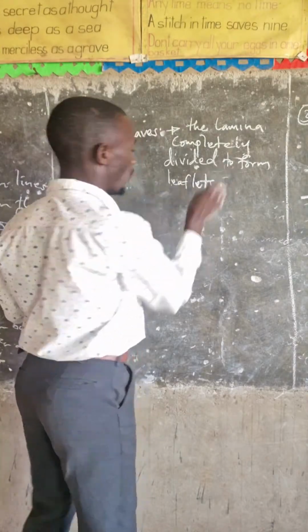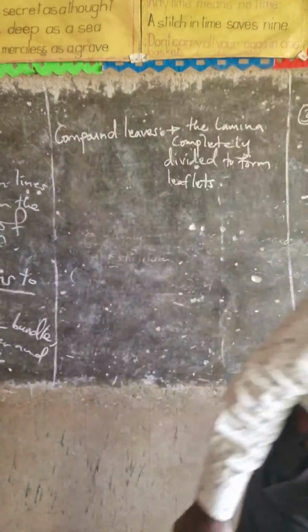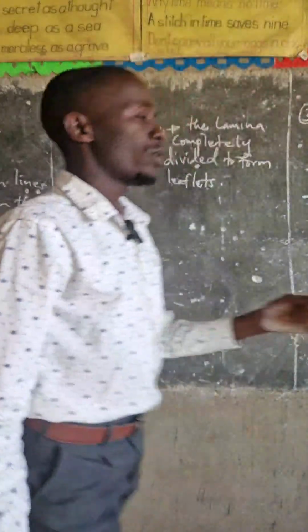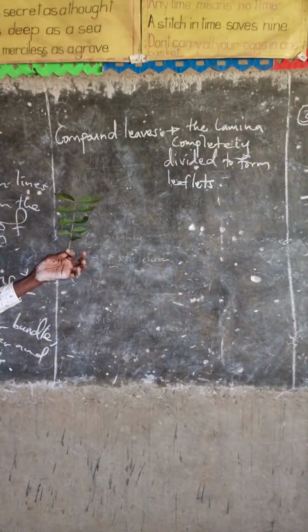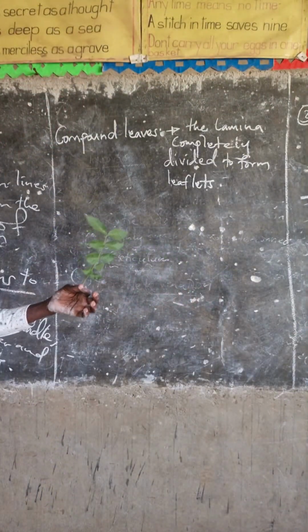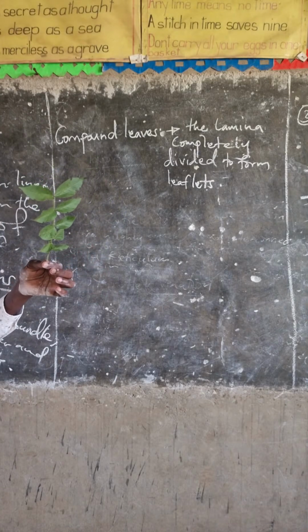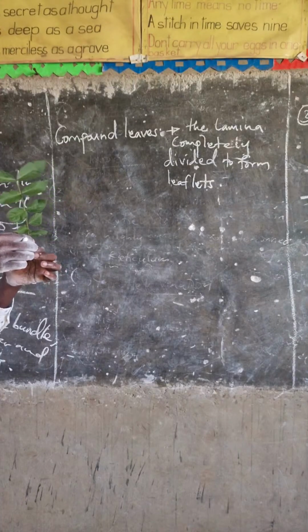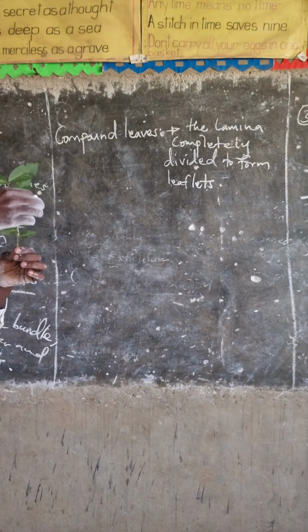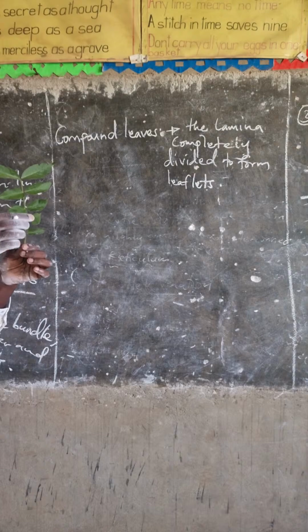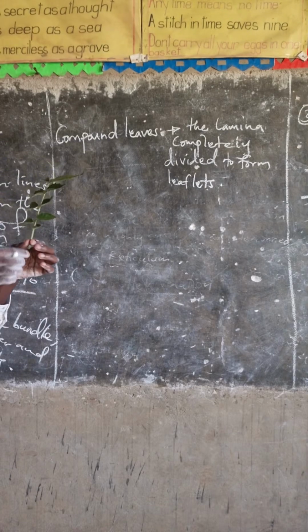So the structures formed after the dividing of the leaves are the ones we call leaflets. So this is a single leaf. After its lamina being divided, it formed the leaf-like structures on the same leaf stalk.